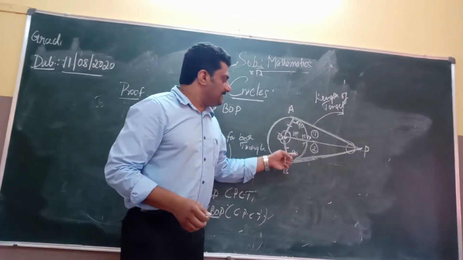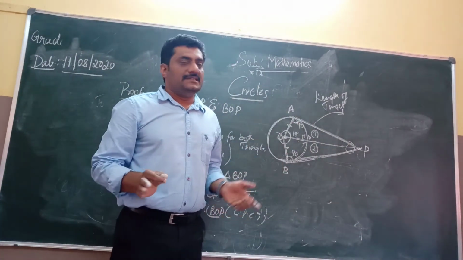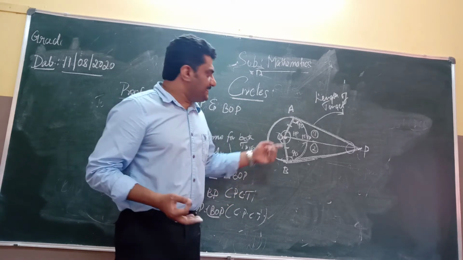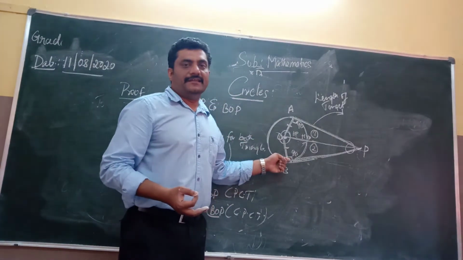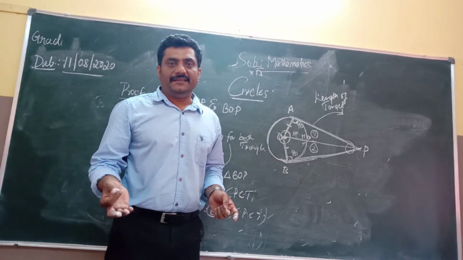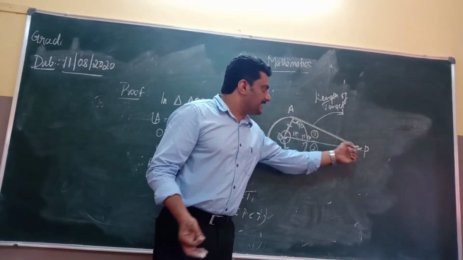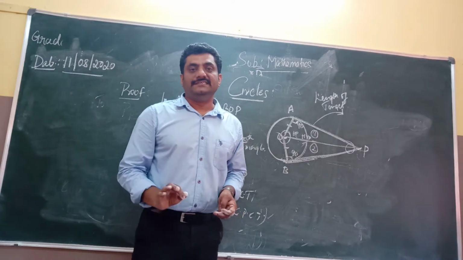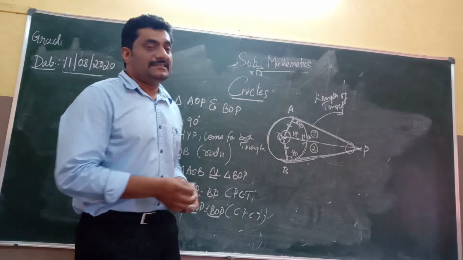This is 90 and this is 90, which is 180. In a quadrilateral you have a total of 360. If you remove 90 and 90, you are left with 180. That means when you add this angle and this angle, you have to get 180. Remember all these things, because you may get all these in MCQs.